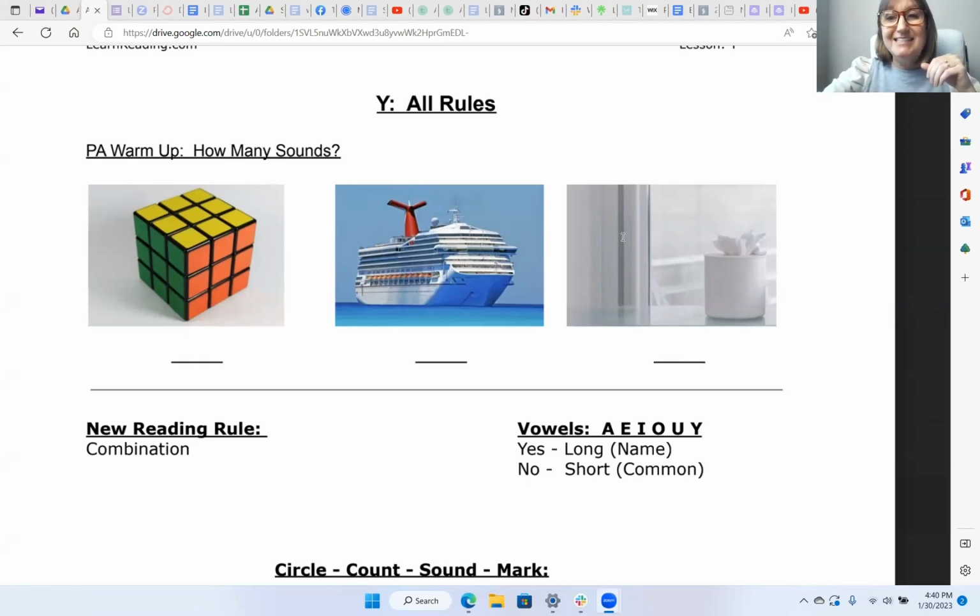How many sounds in tissue? Tissue. I'm smiling because the letters aren't going to help you much in this one because it's spelled so oddly compared to how it sounds. So think only about the sounds. How many sounds do you hear in tissue?